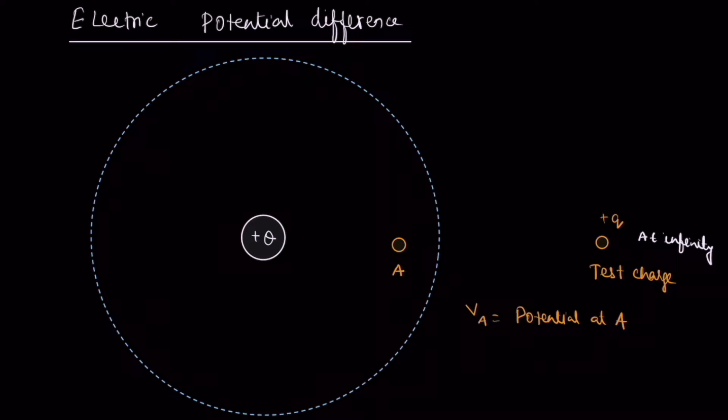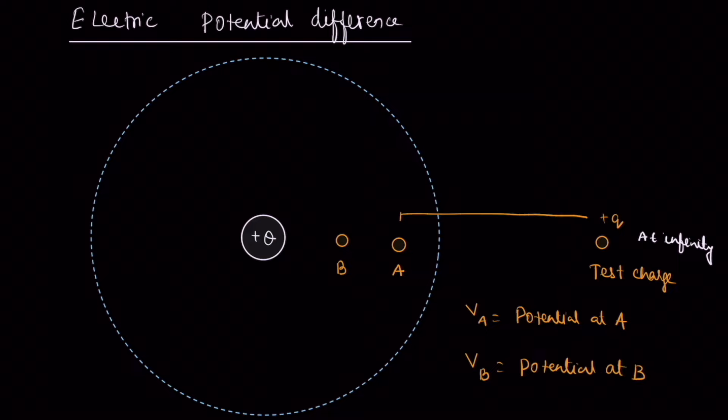Similarly, when the test charge at infinity reaches point B, then we get the potential at B, because both start from infinity. This one has potential VA and here is potential VB.